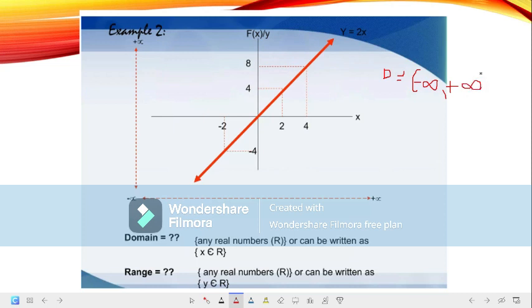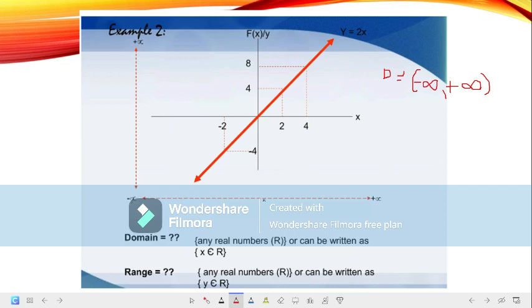And we will use the parentheses as always, okay? Because the graph has arrowheads in both directions. So it goes on in that direction as well as this one. Since we are talking about the domain, we are looking at the x values on this side.